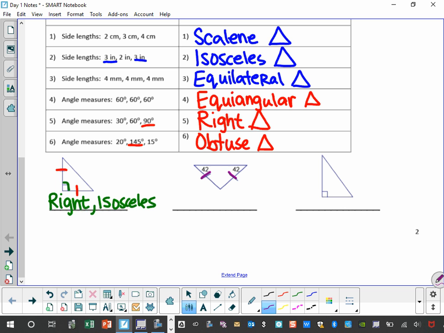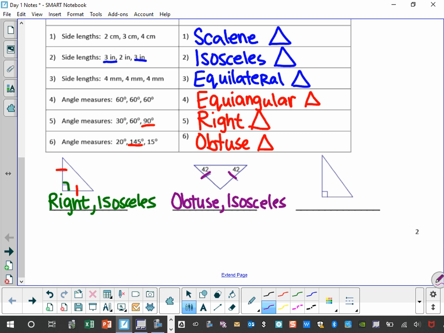This is actually going to be obtuse and isosceles. You haven't learned that yet, but you're going to learn it in like 2 minutes.